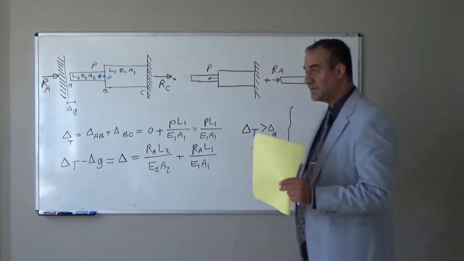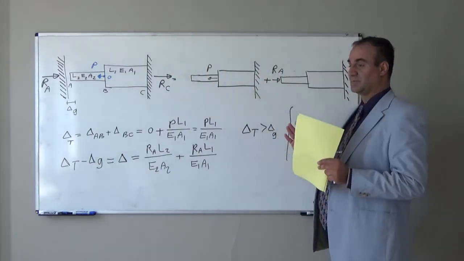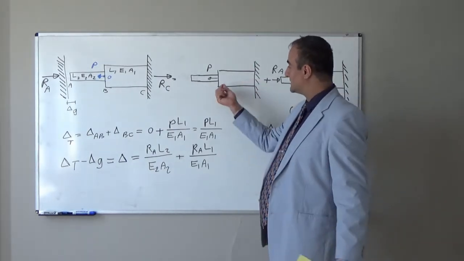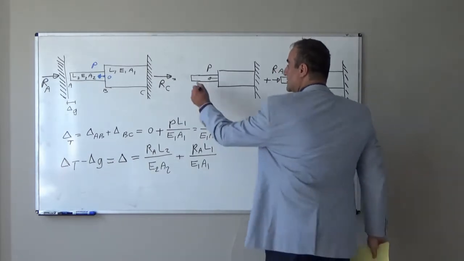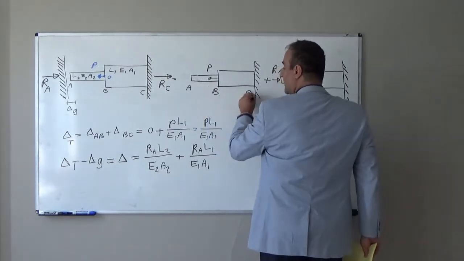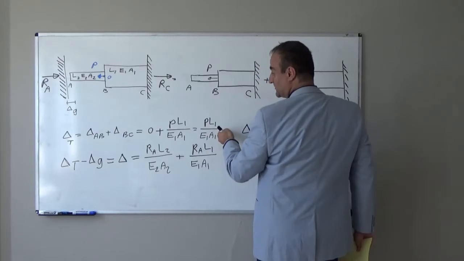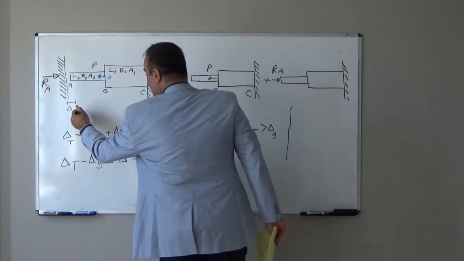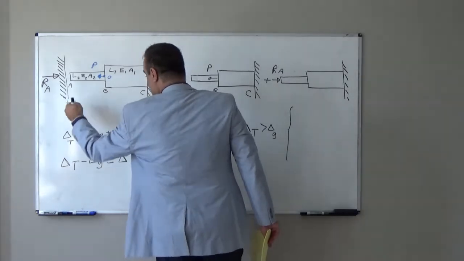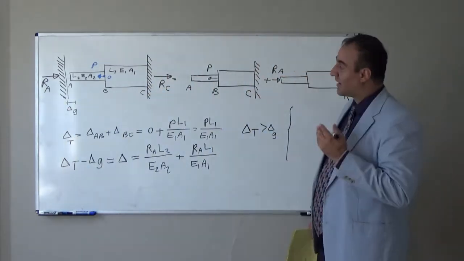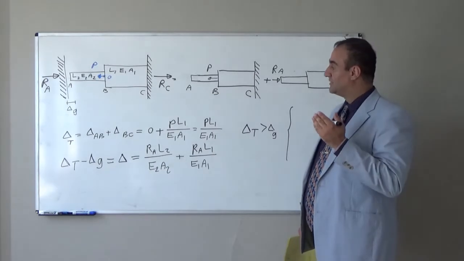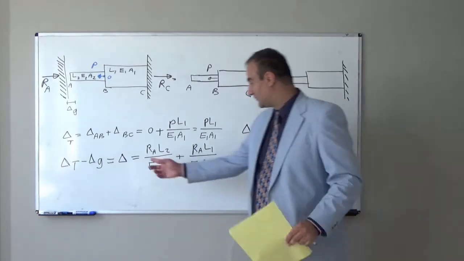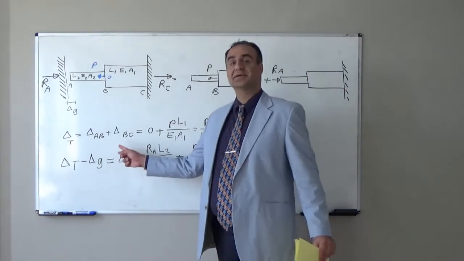So now we will look at this problem in two separate cases. One, we have external load. External load will cause deformation in part BC. That deformation is this much. Up to delta G, it will cover that gap, so it will not create any reaction. Further deformation, more deformation, will cause reaction.